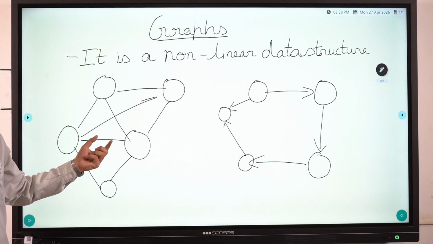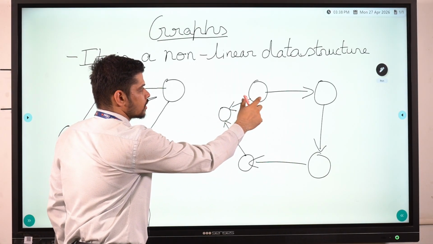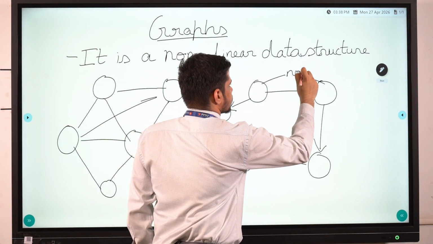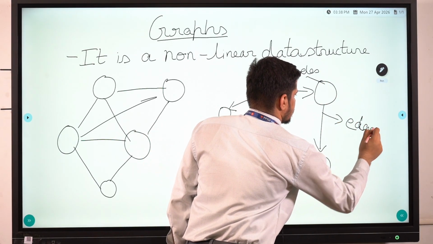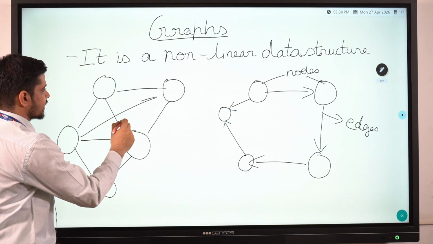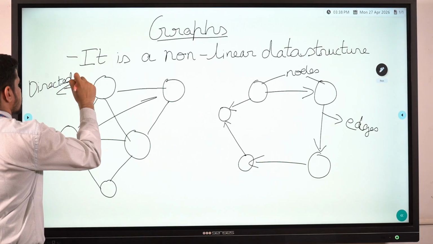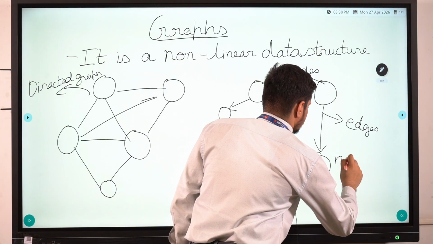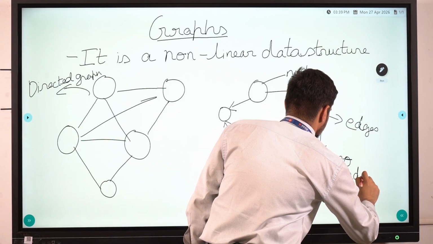What do you mean by directed and non-directed? Directed means that there is a directed edge from a node to another node. These are called nodes, and these are called edges. Edges connect nodes. Here also this is a directed graph, and this is a non-directed graph, or I can say undirected graph.